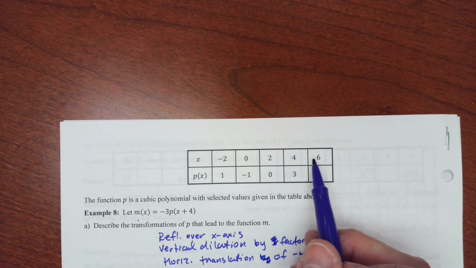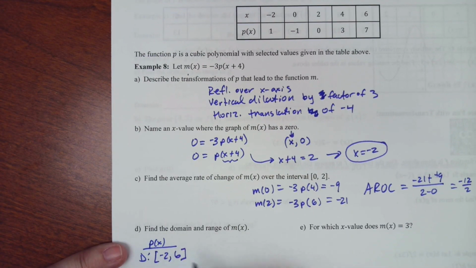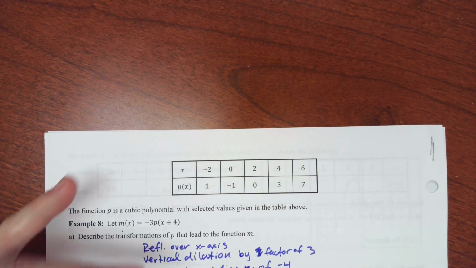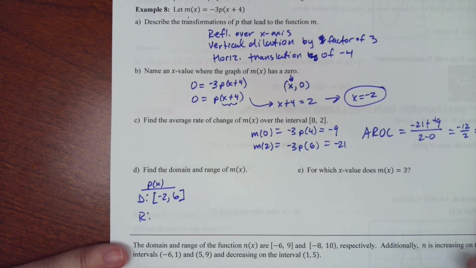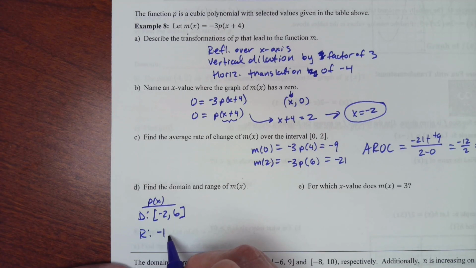So negative 2 to 6. Technically, I guess I should list out all these numbers, but they're going to change in the same way, so let's just leave them like that. All right, and then my range, the lowest is negative 1 on the y's, and then 7.